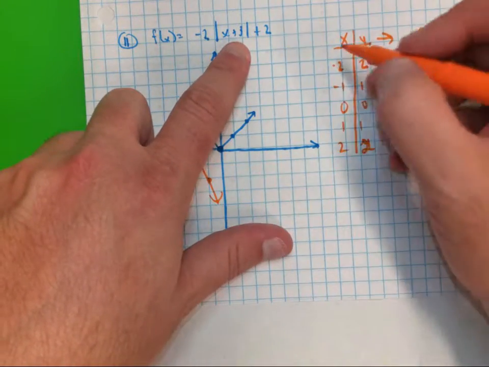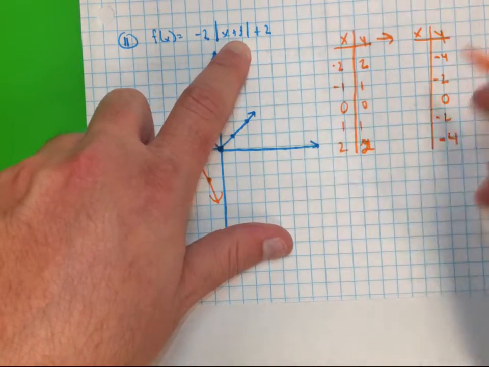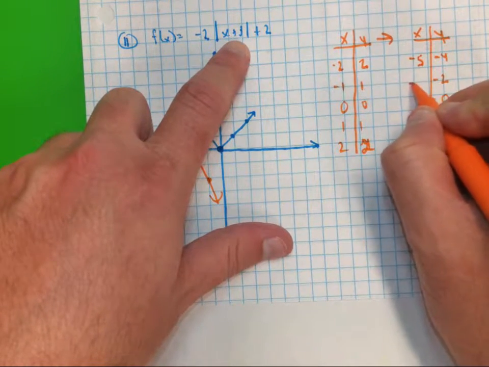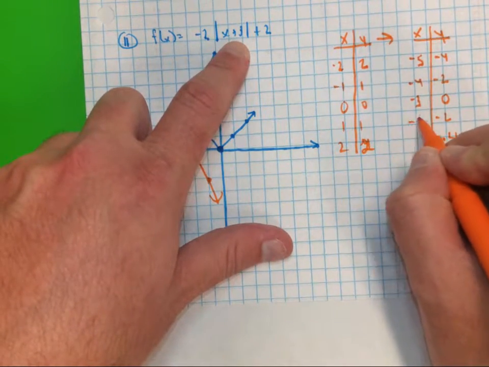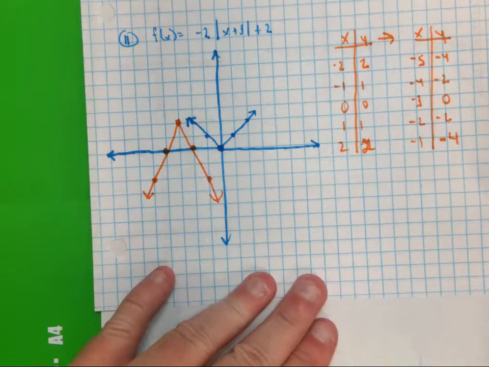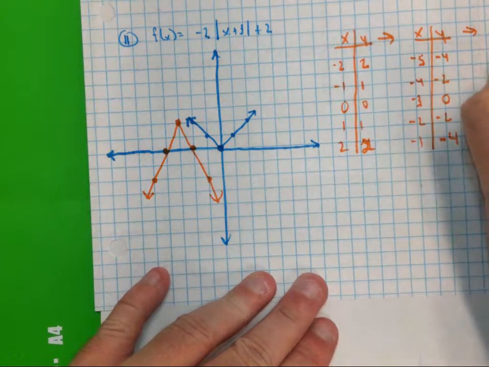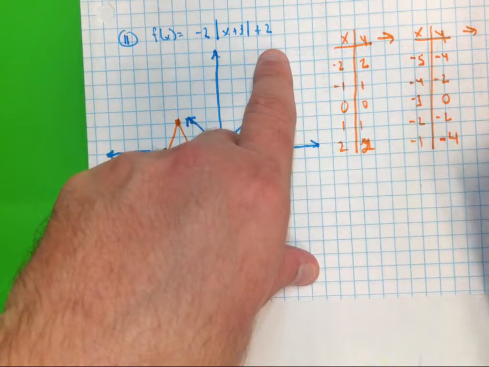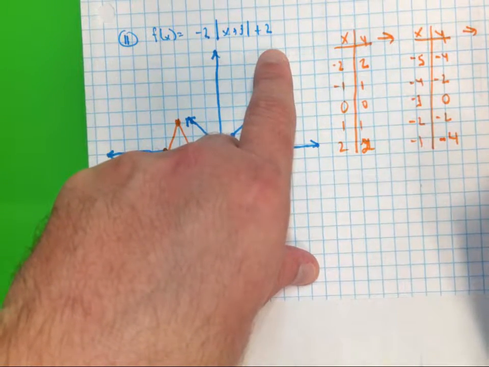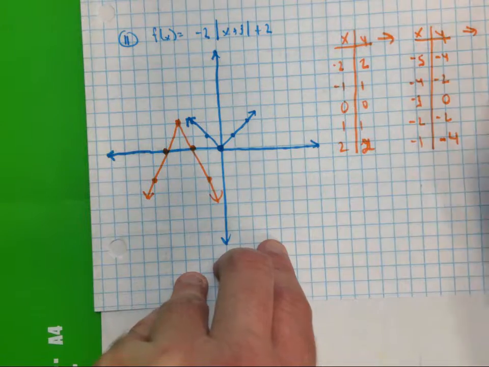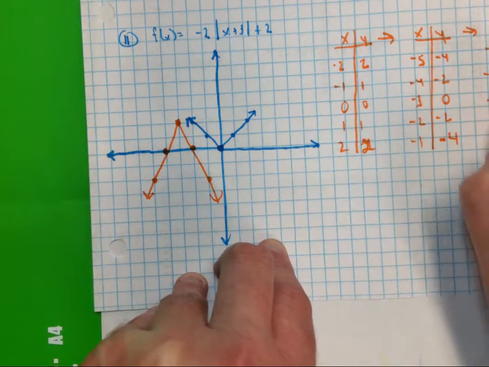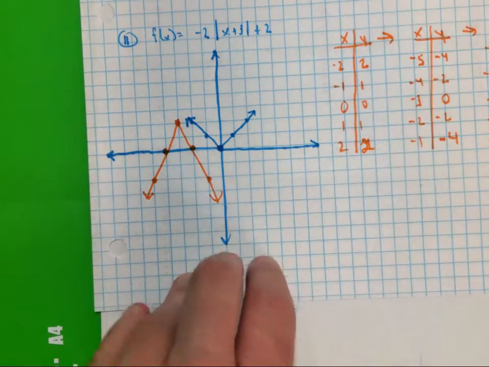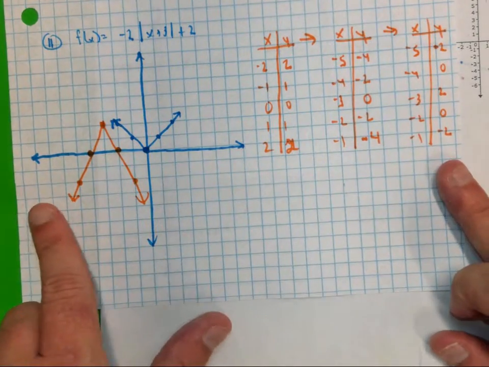Now I'm going to add a negative 3, because it's opposite what you see, to the x. Then add a positive 2 to my y values. And those are the ones I would grab, and those are the same that I see over here.